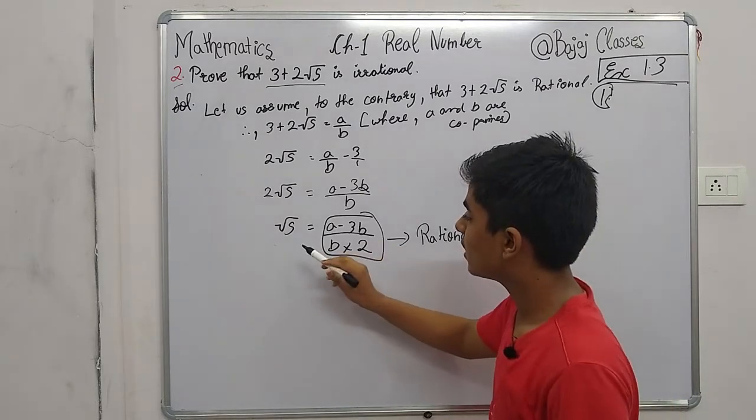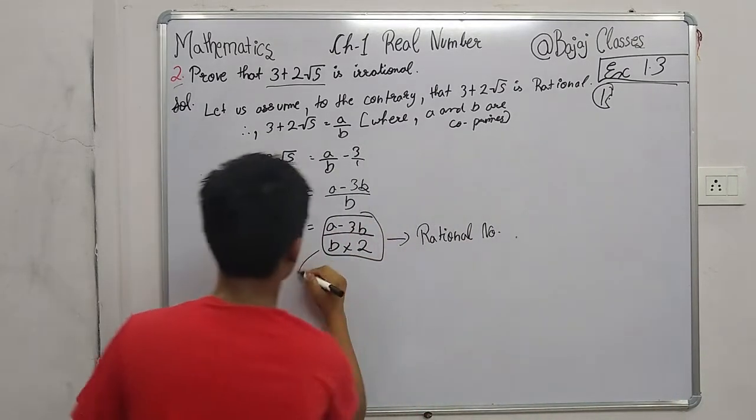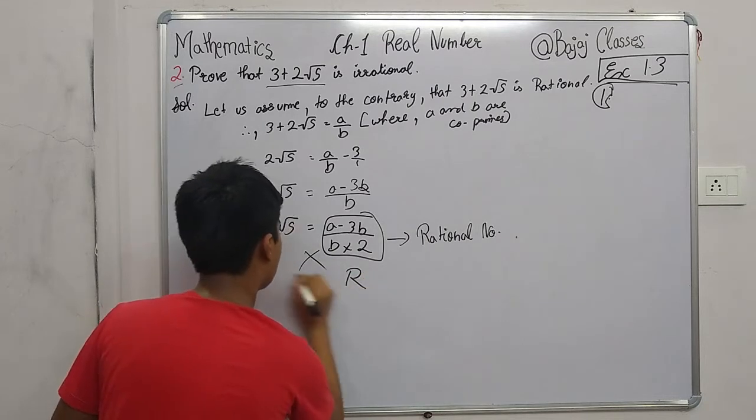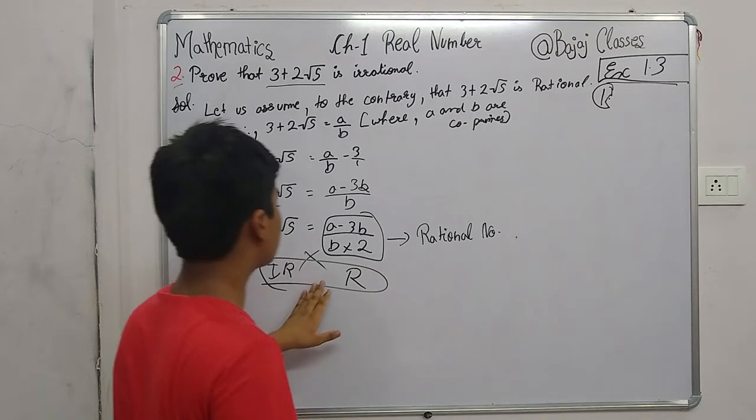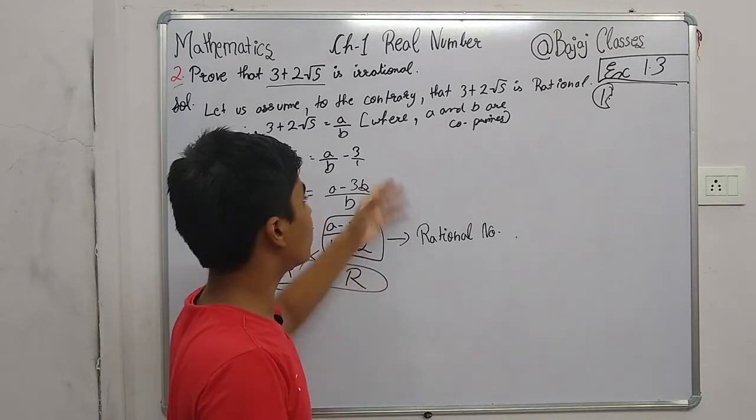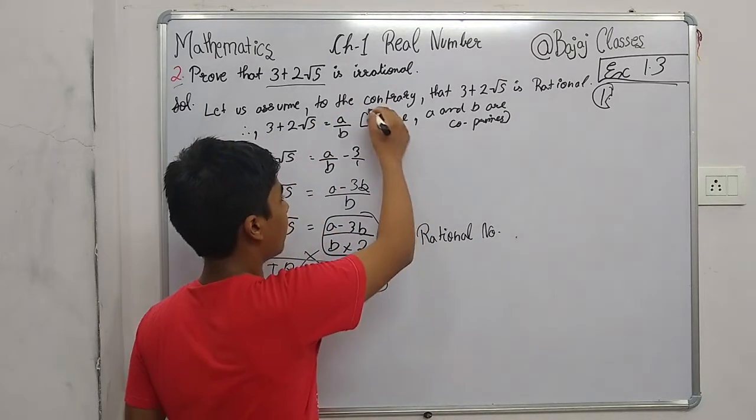So by this we can say that there is a contradiction. This does not match: this is rational and this is irrational. So this contradiction is a conclusion of the wrong contrary we have taken here.